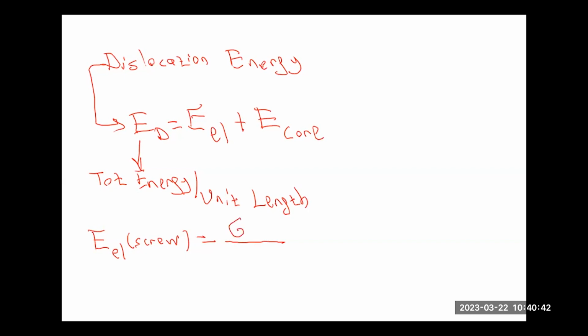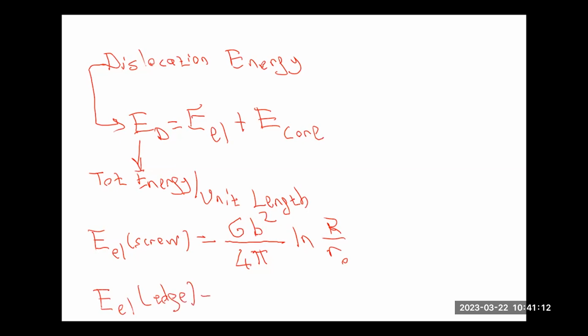Maybe you can remember from your GB square. So let me write. Gb squared over 4 pi, 1 times ln r divided by r0. Or let's write, not capital but small.